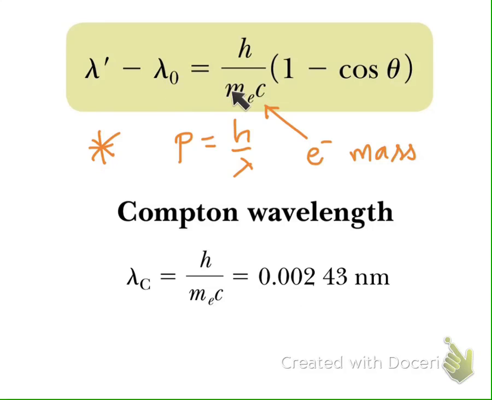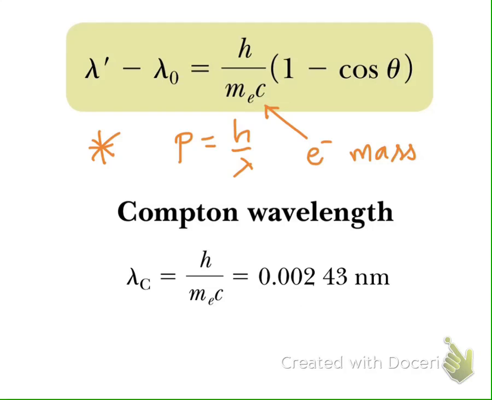Looking at this term, the Compton wavelength is very small. It's 0.00243 nanometer, so the difference is on the order of this number. The change of the wavelength is very small.